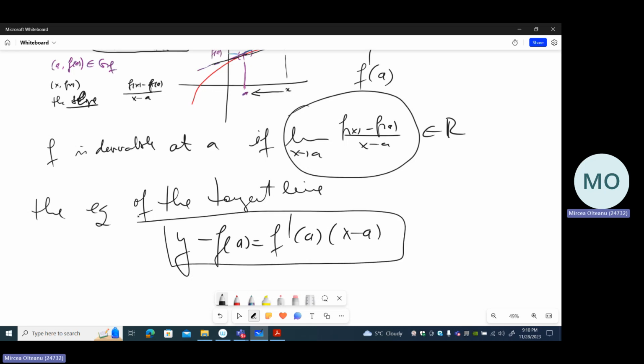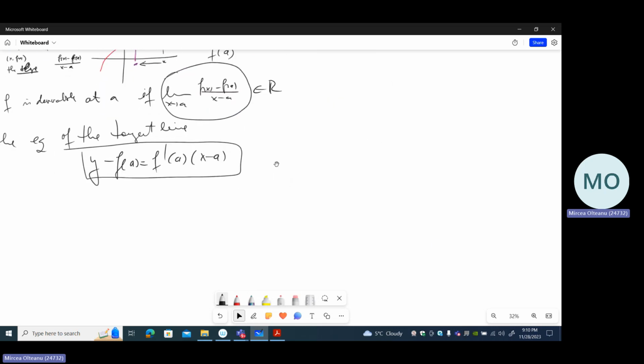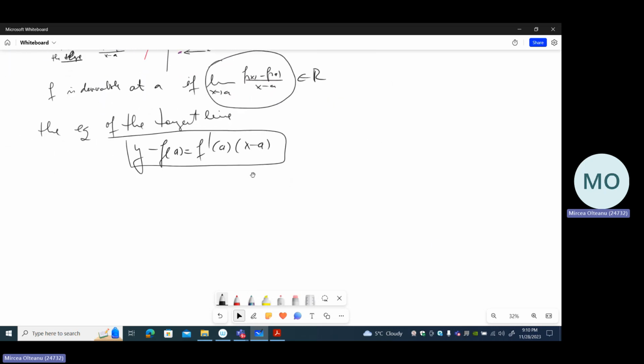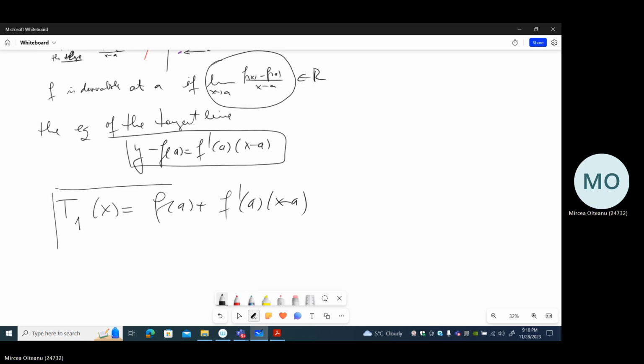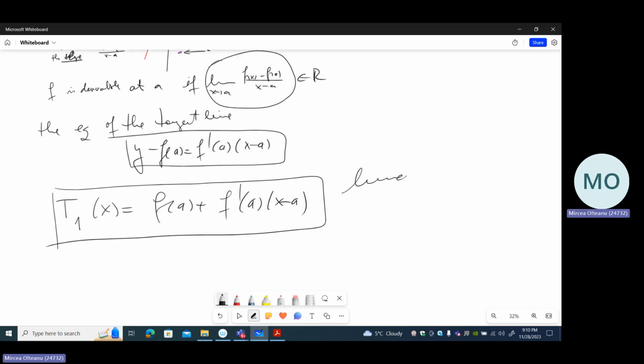Okay, according to this definition, an approximation around the point a is obtained. So if we consider the polynomial function, call it T1 of x, equals f of a plus f prime of a times x minus a, this is the so-called linear approximation of f around a, which is a polynomial of the first degree, which has the following properties.